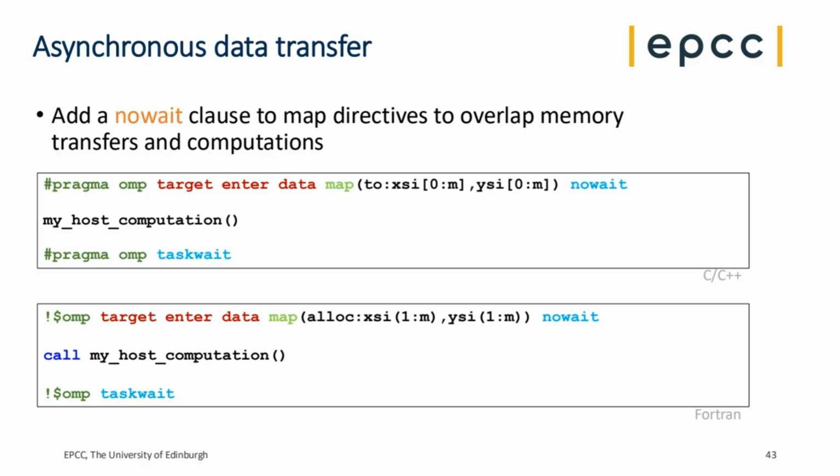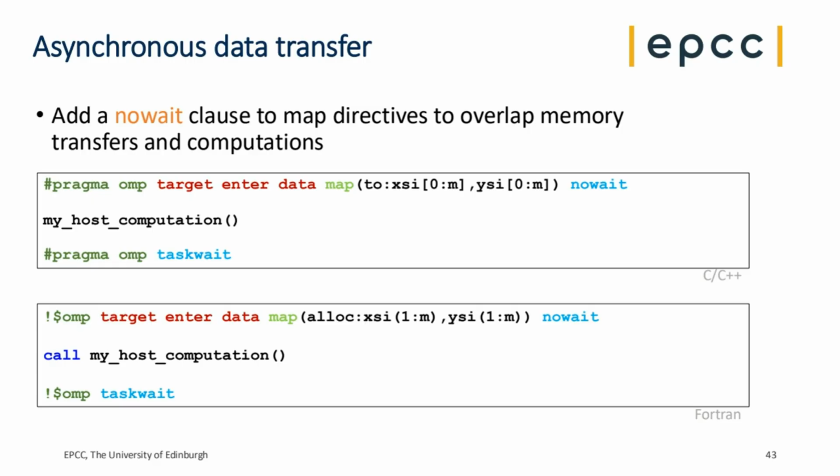When you get to a point where you are ready to launch that kernel, and by kernel I mean a discrete body of computation that takes place on the GPU and is normally partitioned and assigned to the various compute units, once you've done the host computation, you do a taskwait. You may do that because the host is then getting ready to launch the kernel that requires the XSI and YSI arrays.